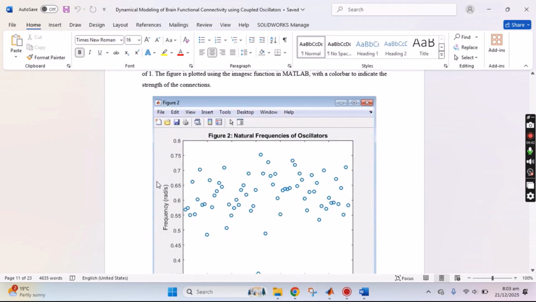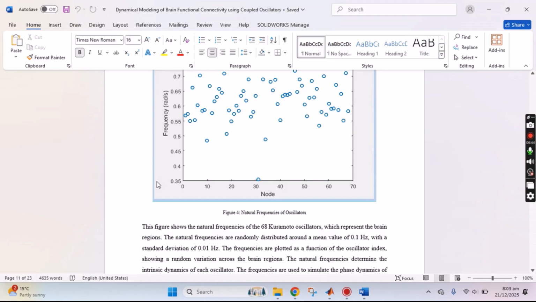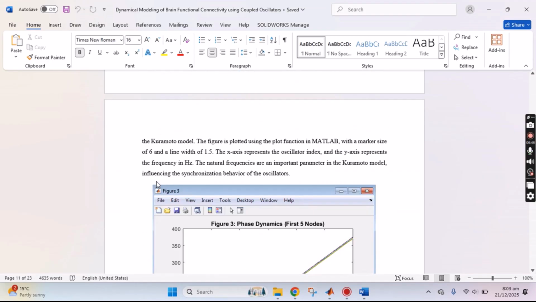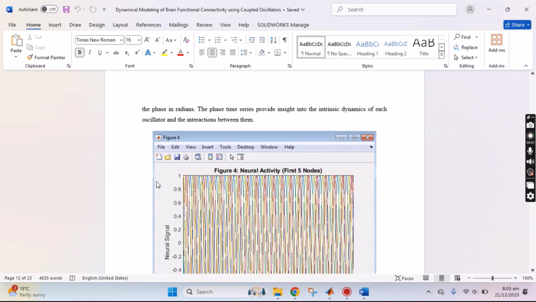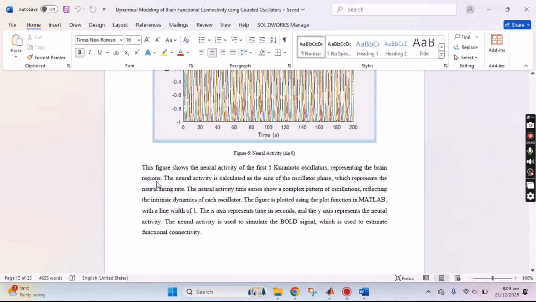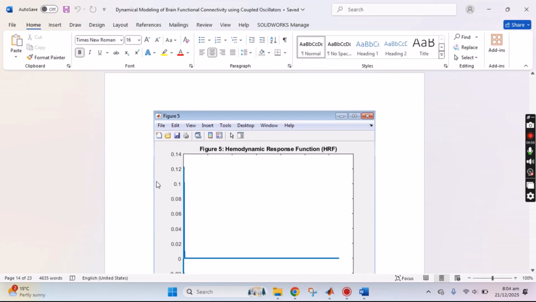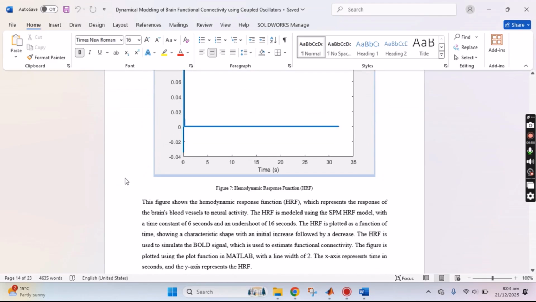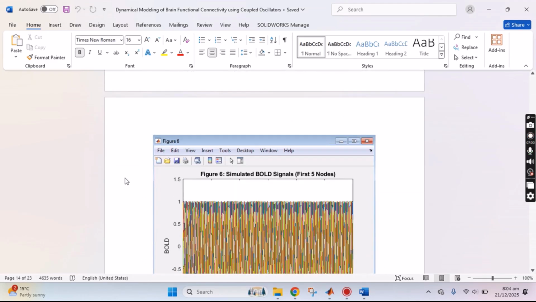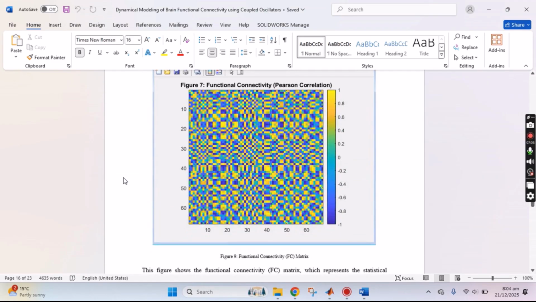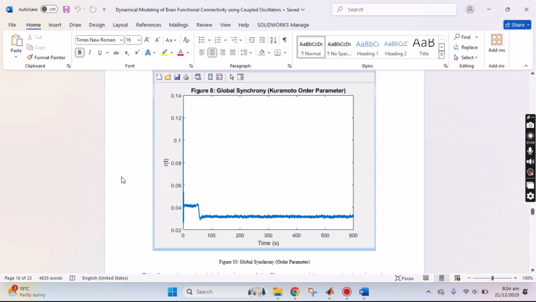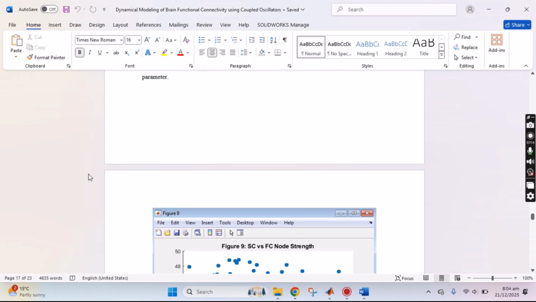The structural connectivity provides the natural frequencies of oscillators, phase dynamics, and the neural activity. These are the neural activity outputs, hemodynamic response function, simulated BOLD signals, and the functional connectivity by Pearson correlation. Next is the global synchrony, the Kuramoto order parameter output results.